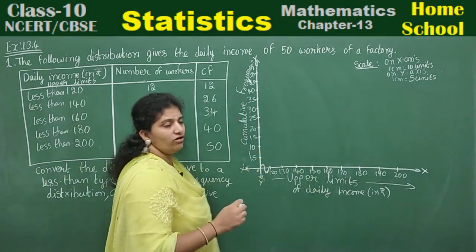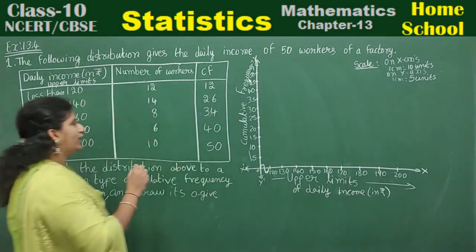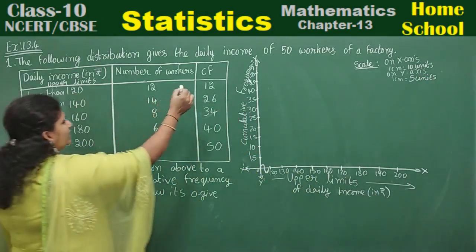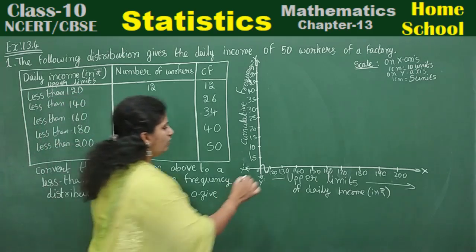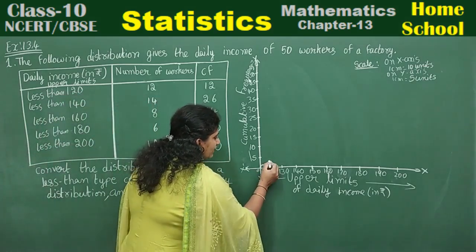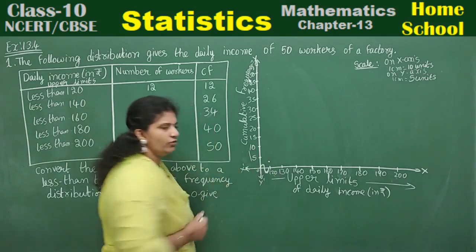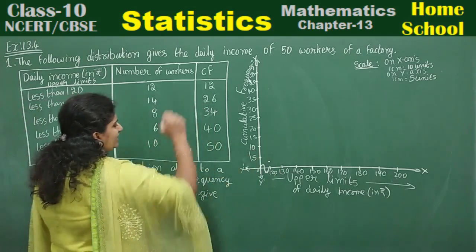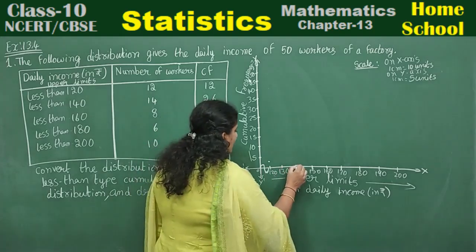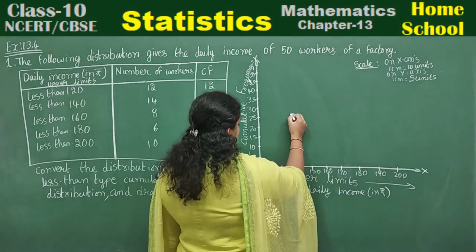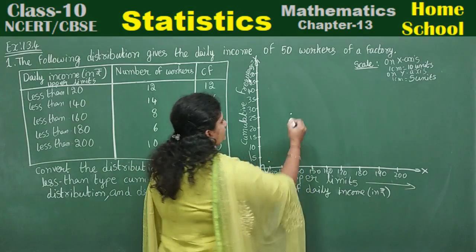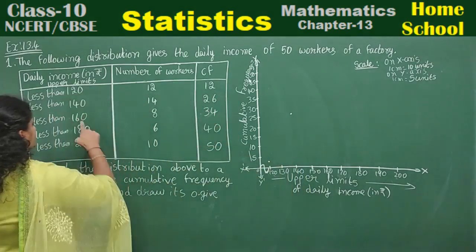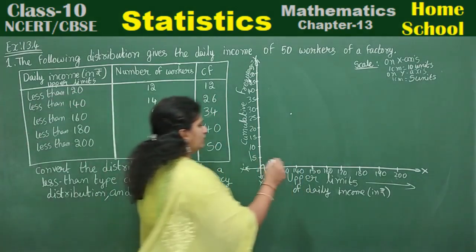Let's start plotting the ogive. First coordinate, 120, 12. Somewhere here put a point. 140, 26 is here. Next, 160, 34.